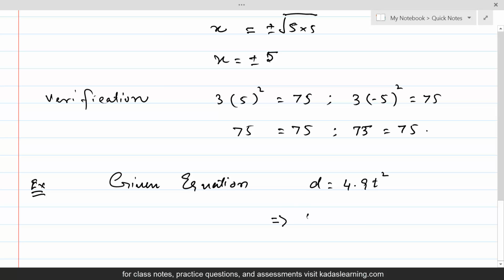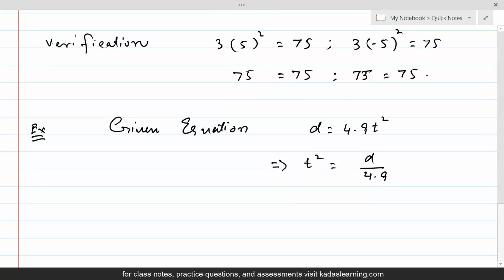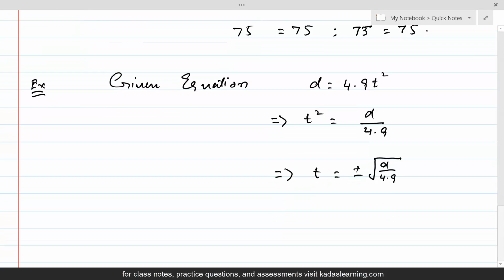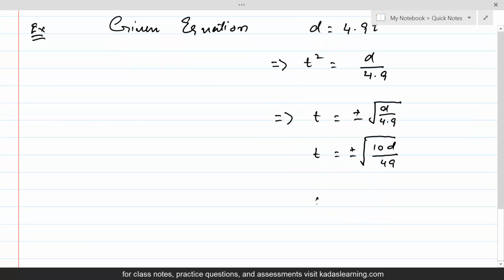This means t squared is equal to d over 4.9, and t is equal to plus minus square root of d over 4.9, and this could be written as t is equal to plus minus square root of 10d over 49, and when we take the square root, t will be equal to plus minus square root of 10d divided by 7.